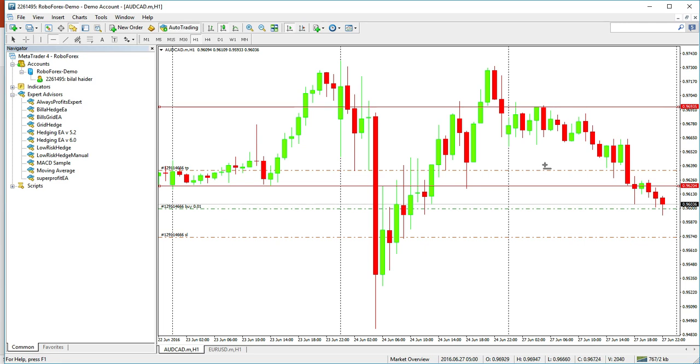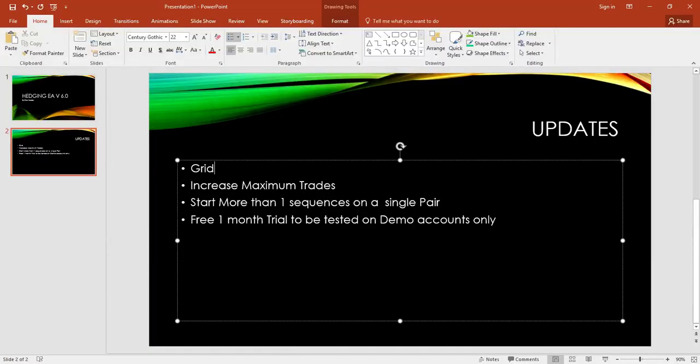So what we have is this new grid system in our hedging EA. We have increased the maximum trades in this EA. You can start more than one sequence on a single pair.